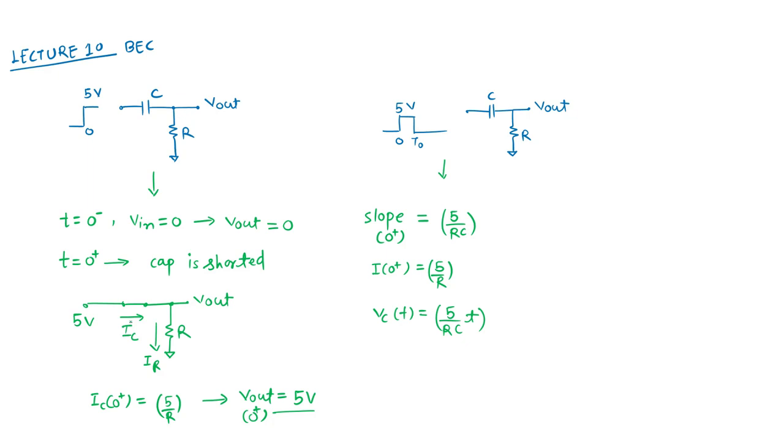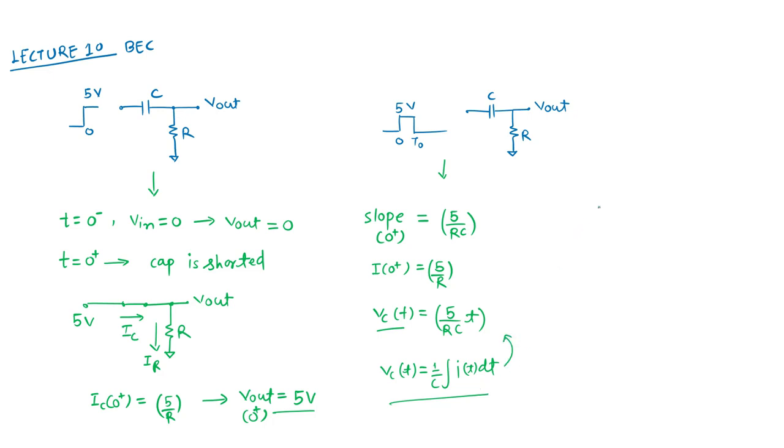Now it started charging because the current started flowing. That current is 5 by R. So if the capacitor starts charging, some voltage should come across it. The voltage follows this equation, 5 by RC into t. That is the general equation that we write for the voltage, 1 upon C integral of i dt. From this, our result is coming. I am considering the current is constant.